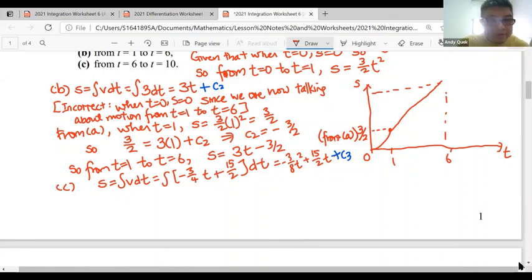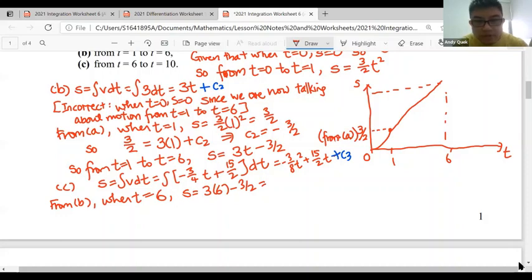Okay, so I go back to part B. What happens when t equals to 6 for part B? Then s is equal to 33 over 2. Okay, so I'm going to use these values for this new equation.